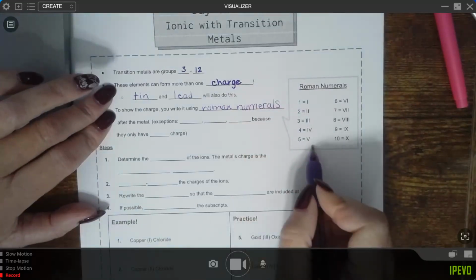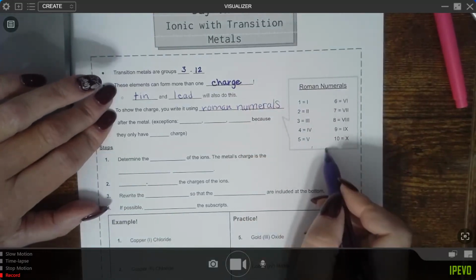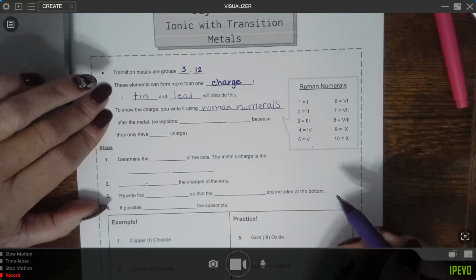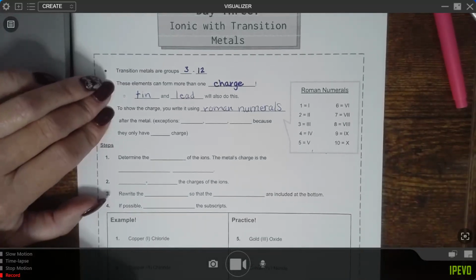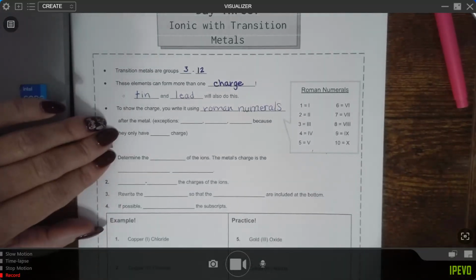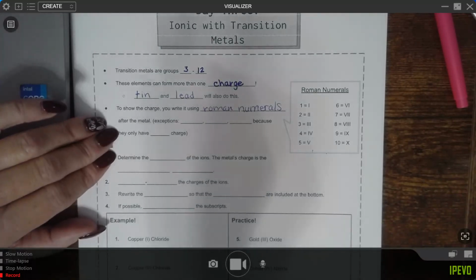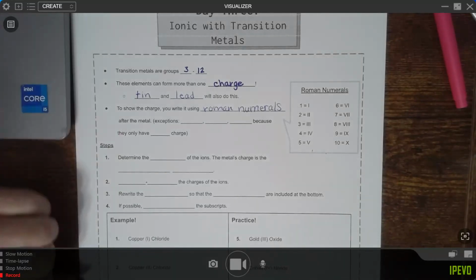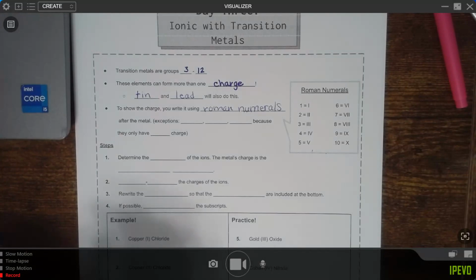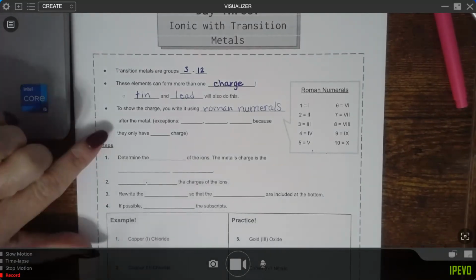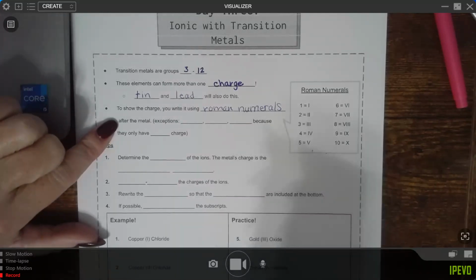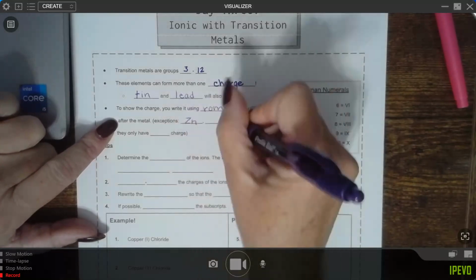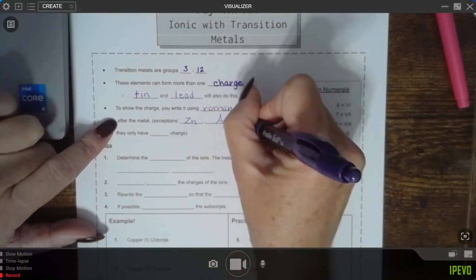There's a table of Roman numerals here on this page, and also on the back of your periodic table. The Roman numeral shows the charge on the metal. There are a couple of exceptions that you need to remember. There are 3 exceptions: zinc, silver, and cadmium.